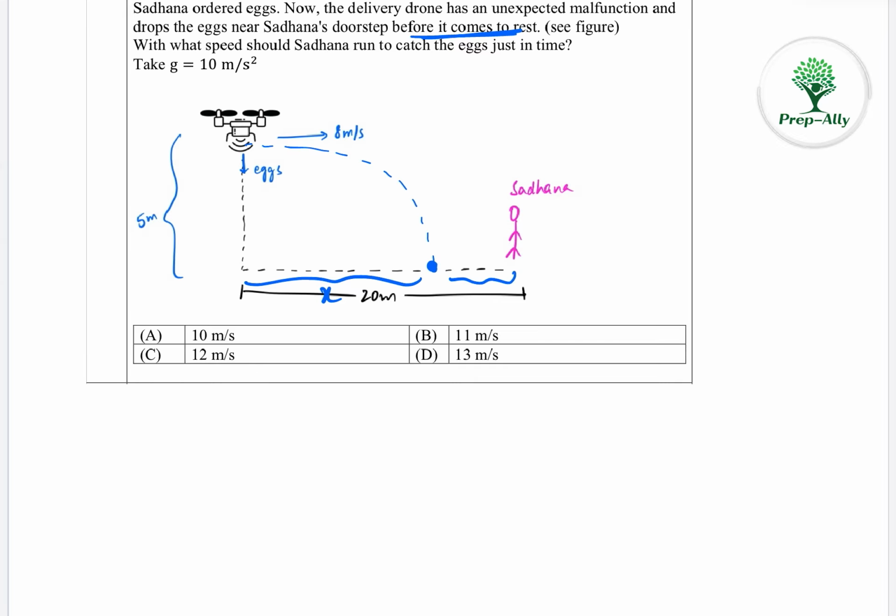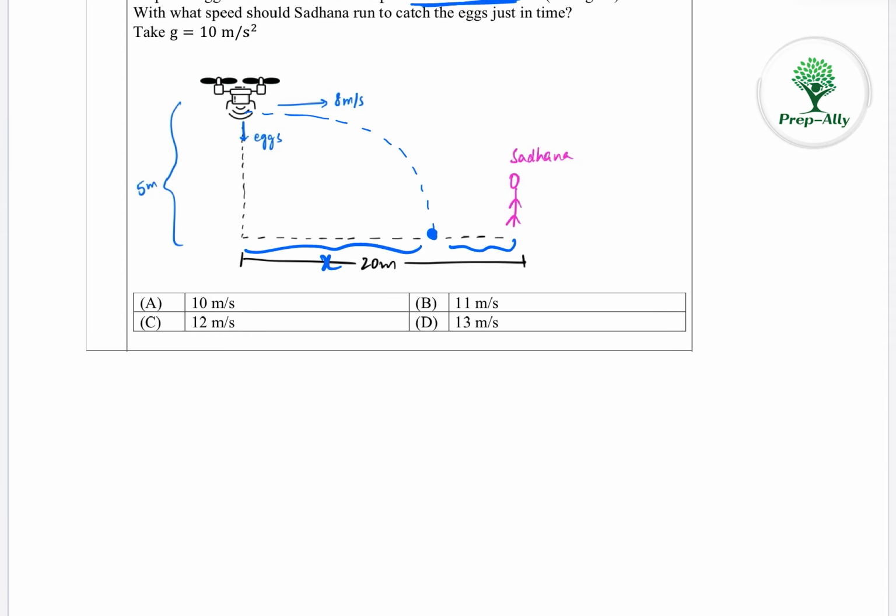So here, if you see, the velocity is only horizontal. There is no vertical component of velocity. So it has to now fall through a height of h. So h is ut plus half a t square in the vertical direction.